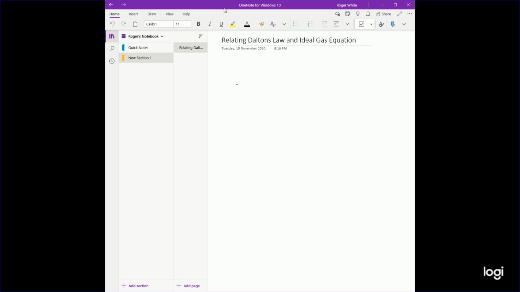So Dalton's Law is P_T, which is the pressure total, that equals the partial pressure of whatever substance A is.